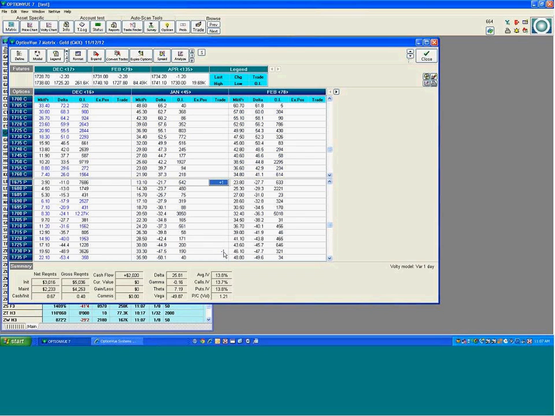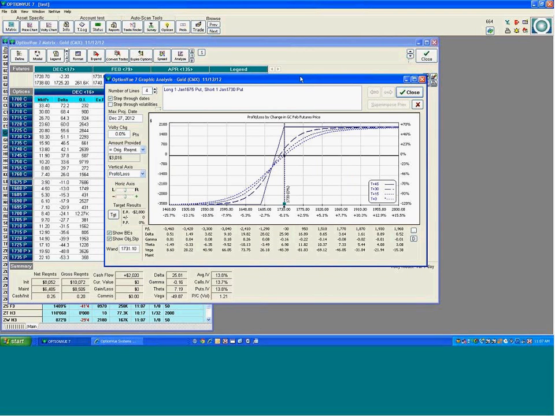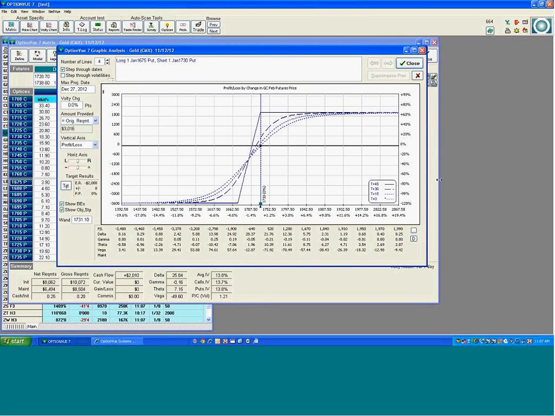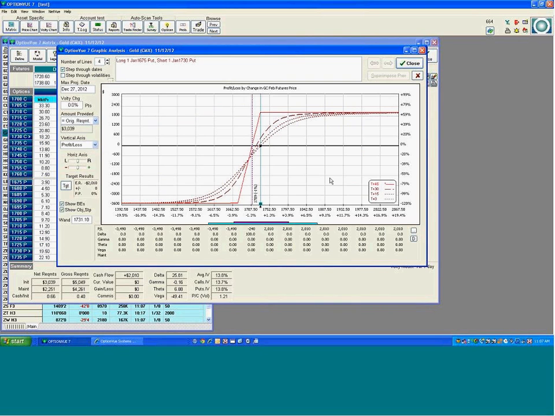So constructing this 1675/1730 bull put spread, that spread by itself is one you're probably very familiar with, and for a graphic analysis I'll hit the Analyze button in Option View and hold up the graphic analysis, so it's red and easier to see.